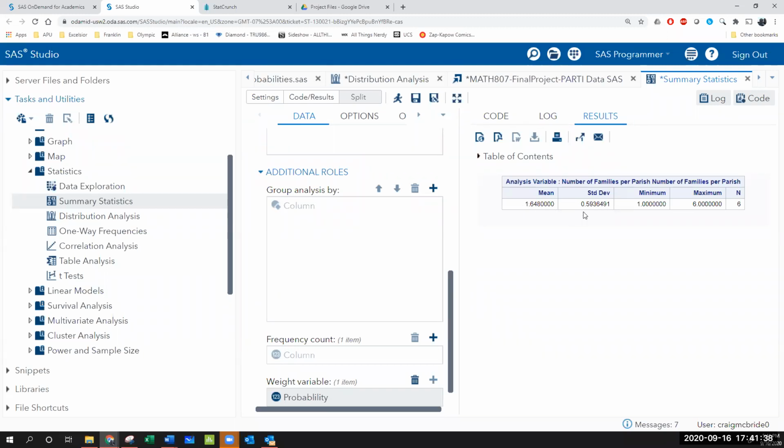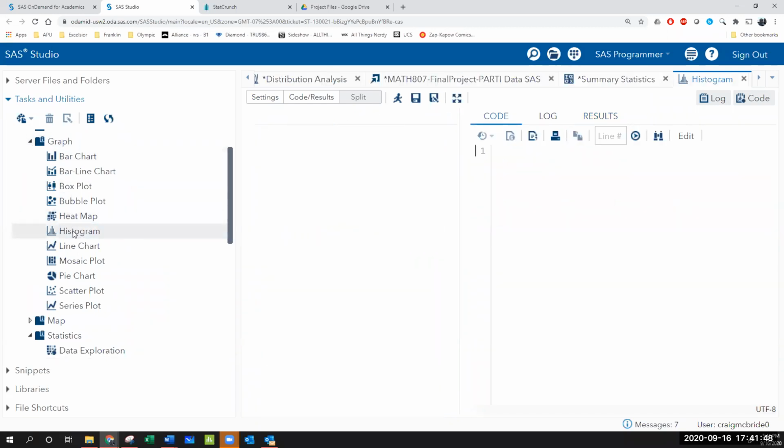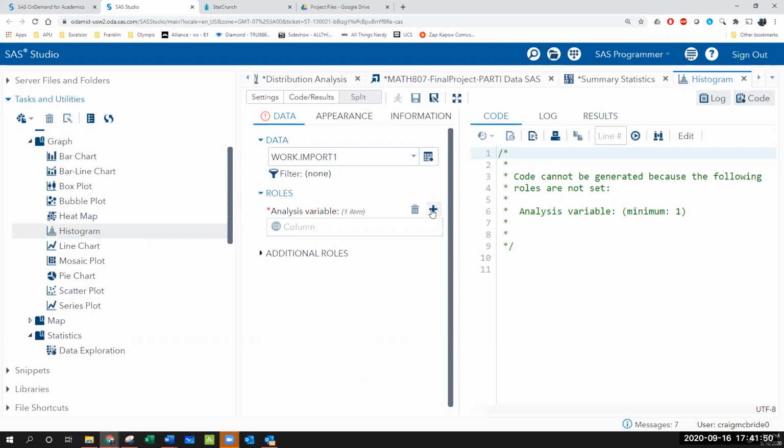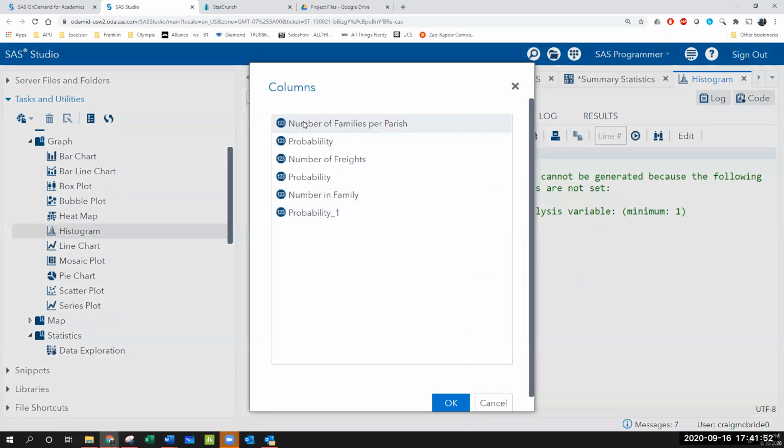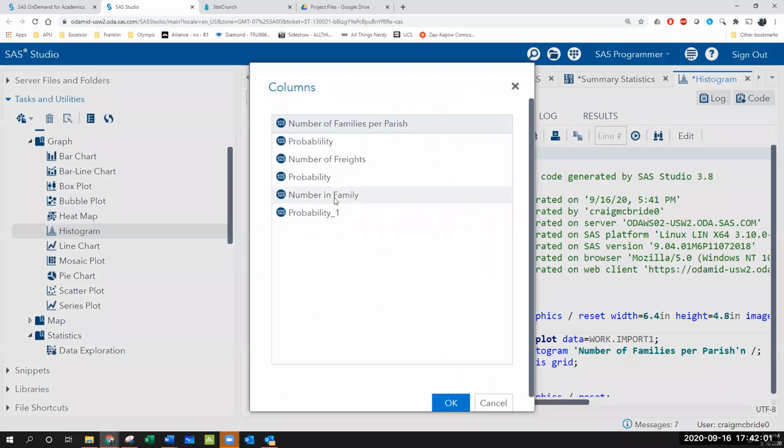Now if I run this, there's my mean and my standard deviation for that probability distribution. Now, if I want to do a histogram, or a bar chart, my analysis variable is number of families, and then my scale, that's fine. And then my weight, I have to put in my weight.